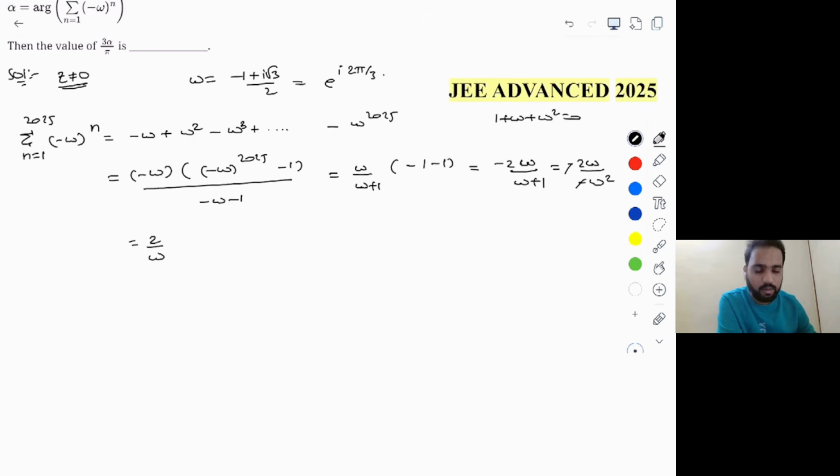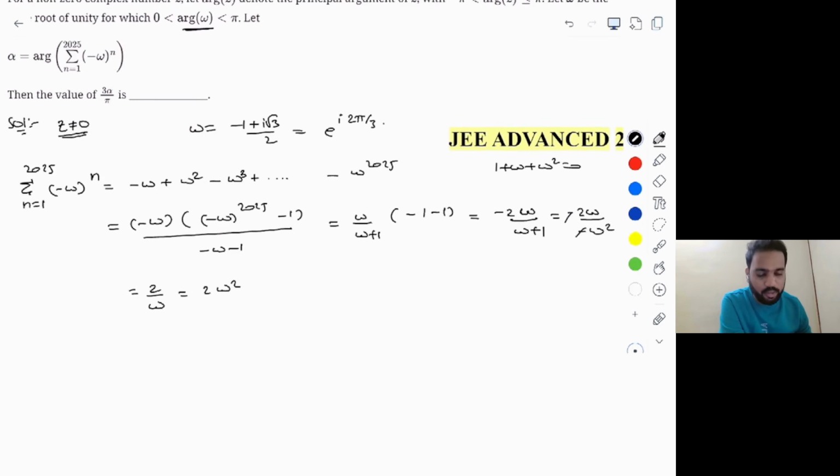But once again, 1 by omega can be written as omega square, so 2 by omega is nothing but 2 omega square here. Okay, so once again, go through what we have discussed. This is the value of the sum from n equals 1 to 2025 of (minus omega) to the power of n, which is 2 omega square.